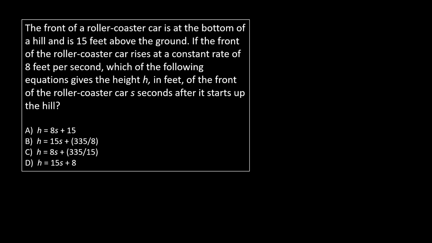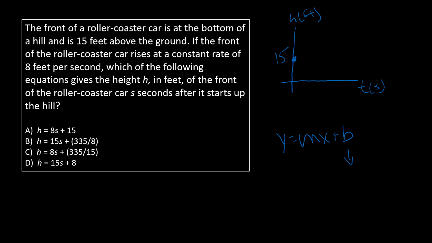Okay, well, first thing I know is if you're graphing time over here, which is going to be in seconds, and height, which is in feet, I know that we're going to start at a height of 15, meaning in my equation y equals mx plus b, b is going to be 15.